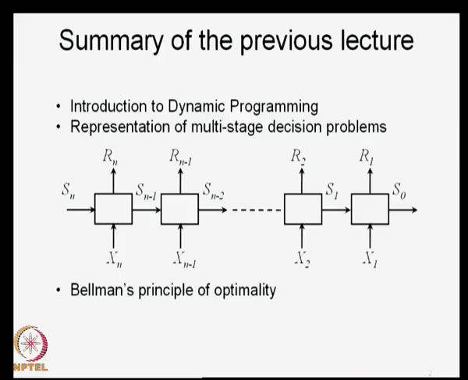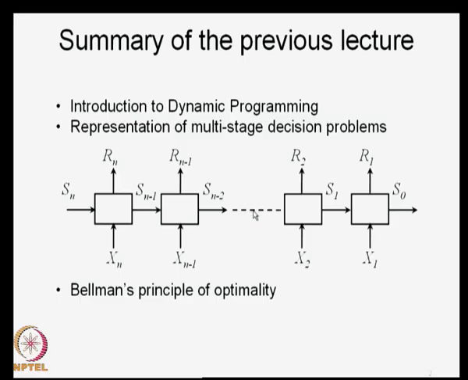Essentially, recall that it states, starting with a particular state at a given stage, you must proceed in an optimal manner until all the stages are completed, irrespective of how you arrived at that particular state.